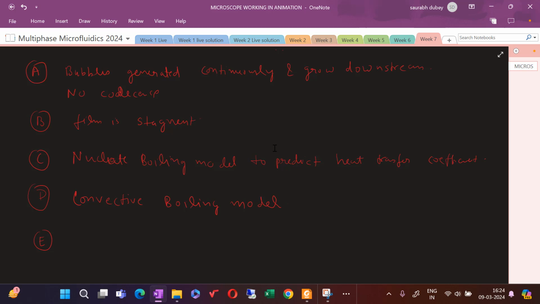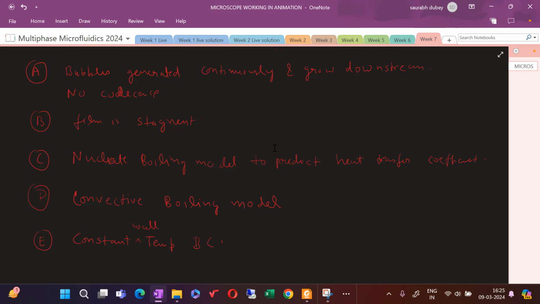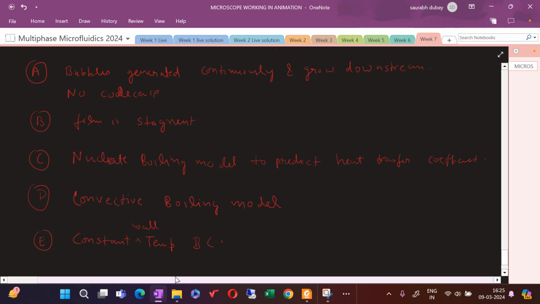Constant temperature boundary condition. Constant wall temperature boundary condition. Okay, so those are the options.